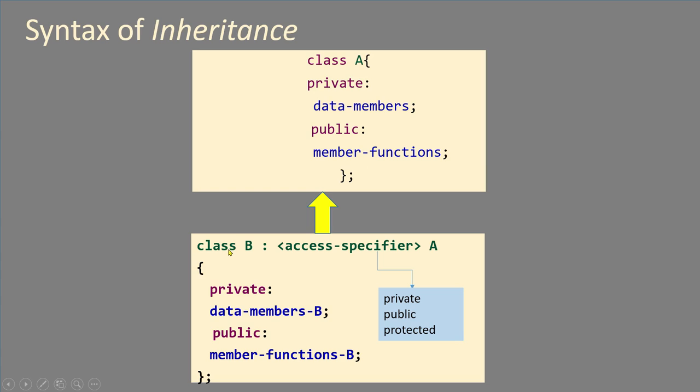Now I want to derive a class B from this class A. So the syntax is: I use the keyword class, the name of the derived class, a colon, the access specifier, which can be either private, public, or protected, and the name of the parent class. Here I provide the specifics, the own attributes of the derived class. This class can also use these attributes.